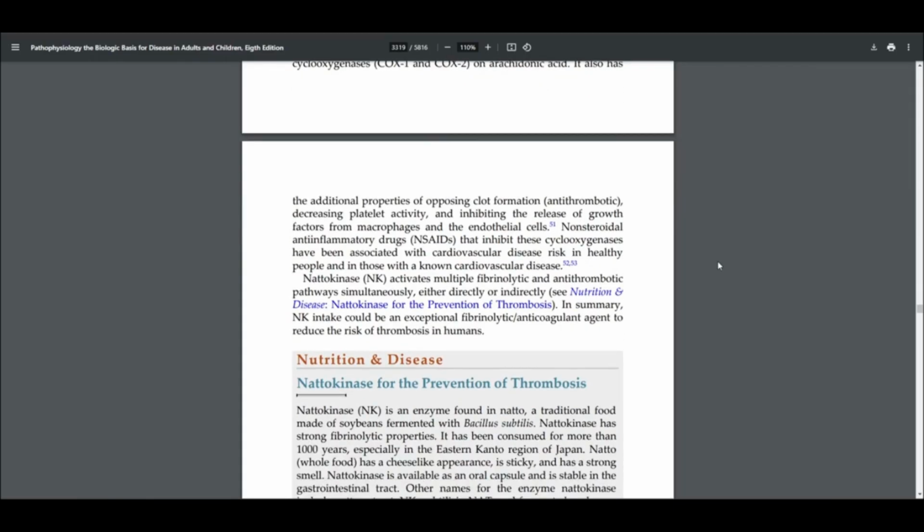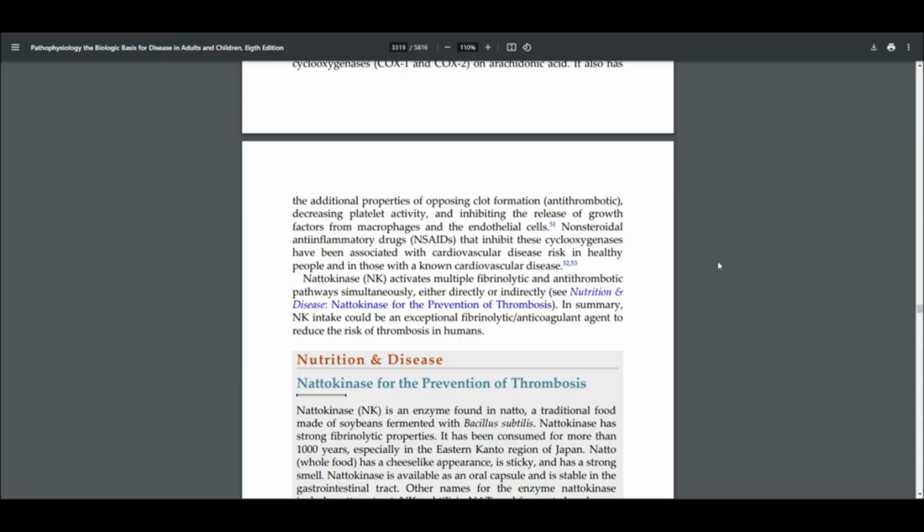It also has the additional property of opposing clot formation, being antithrombotic, decreasing platelet activity and inhibiting the release of growth factors from macrophages and endothelial cells. Non-steroidal anti-inflammatory drugs, or NSAIDs, that inhibit the cyclooxygenases have been associated with cardiovascular disease risk in healthy people and those with a known cardiovascular disease.